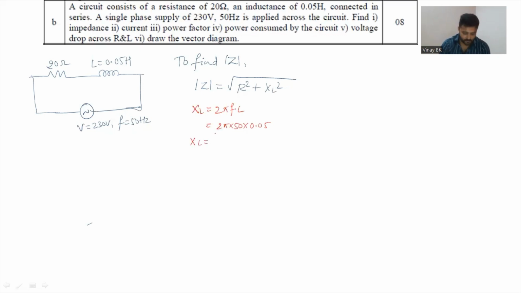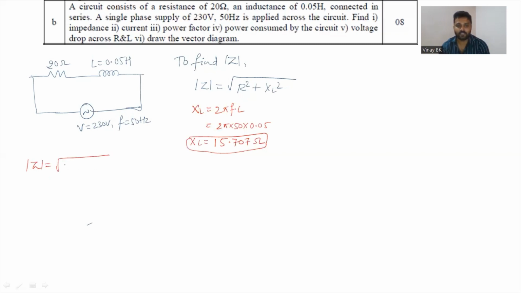So the value of XL is 2 pi into 50 into 0.05, which is 15.707 ohms. XL is calculated. Now we can get the value of impedance Z. Z is the square root of R square plus XL square.